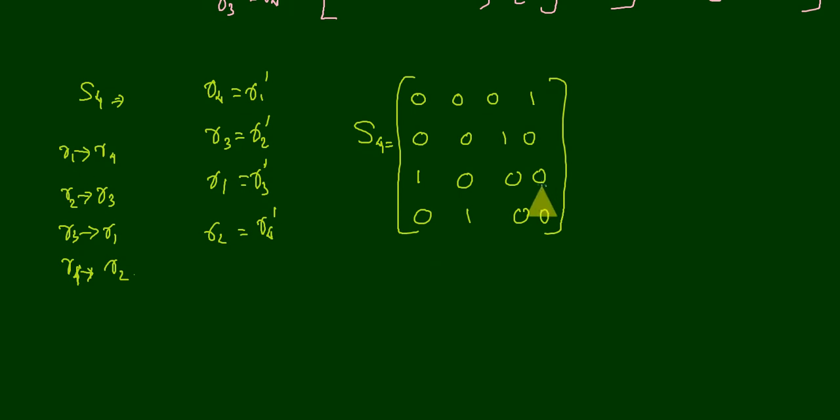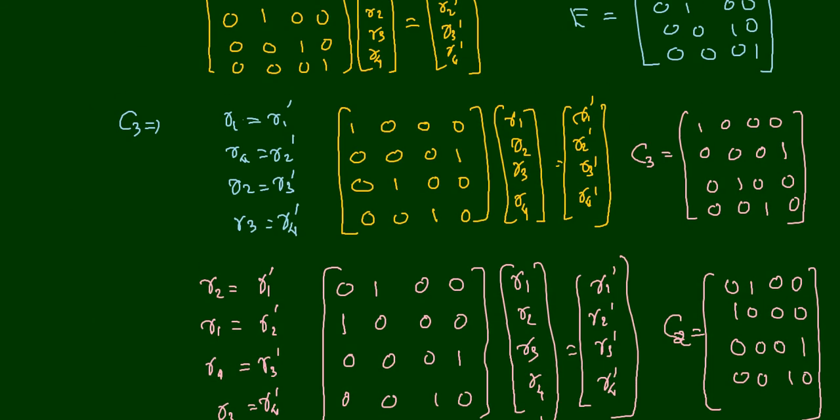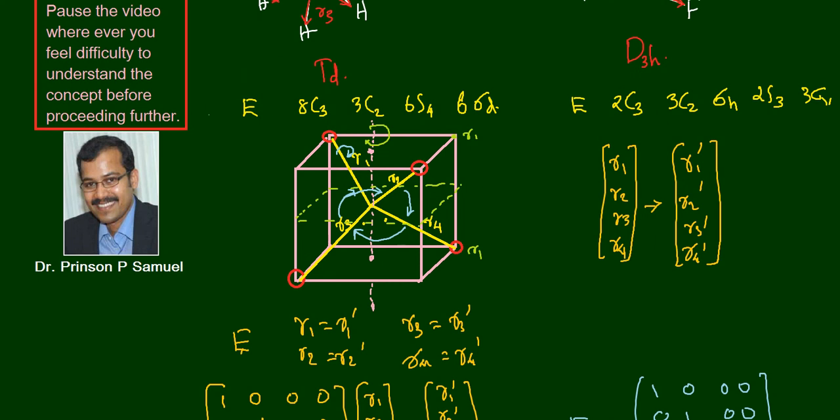And now, if I am going to consider sigma d, what is sigma d? That is the plane which is going in between the two bonds. So that sigma d plane will contain two bonds, and also it will bisect the angle between the other two bonds. So you can consider R1, R2, the plane passing through R1 and R2.